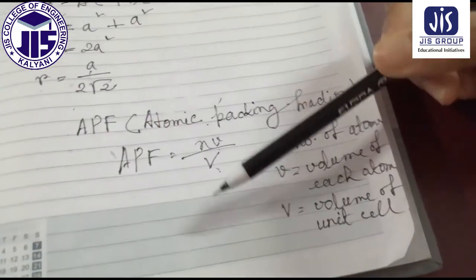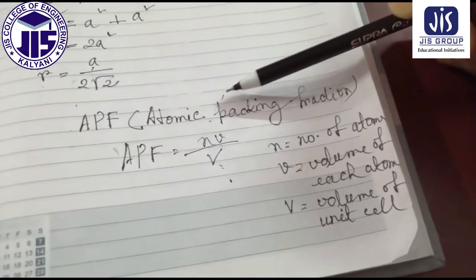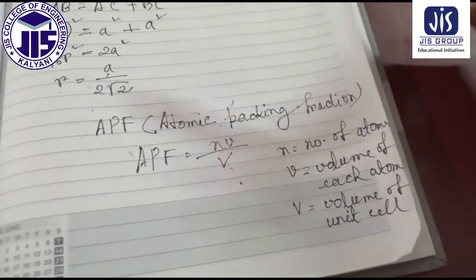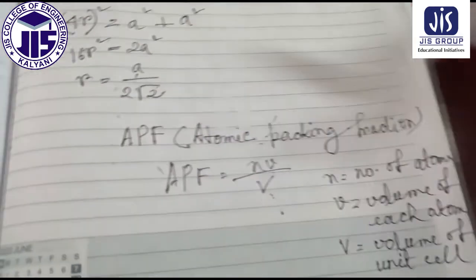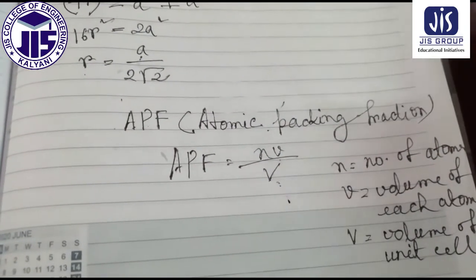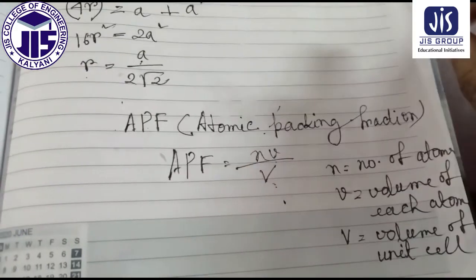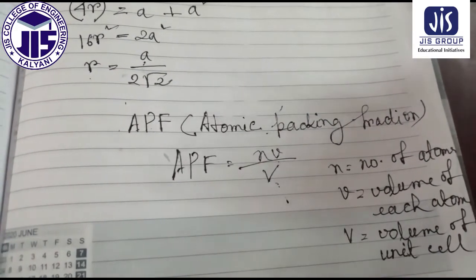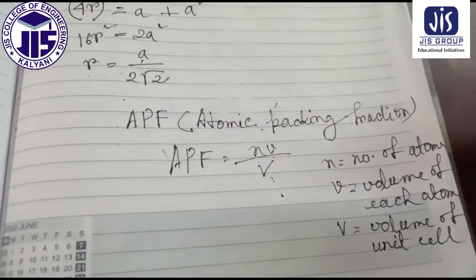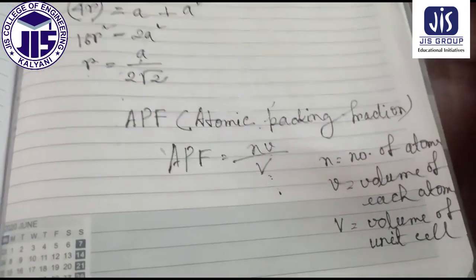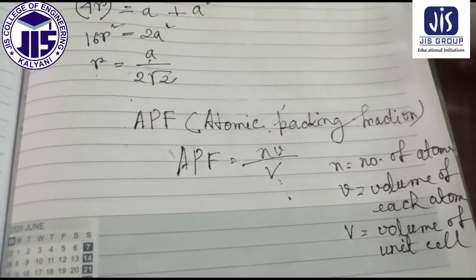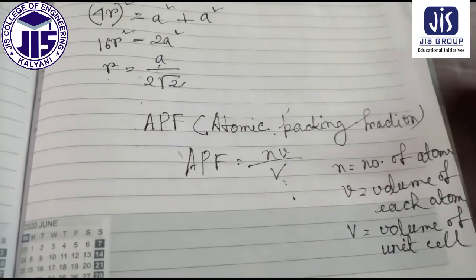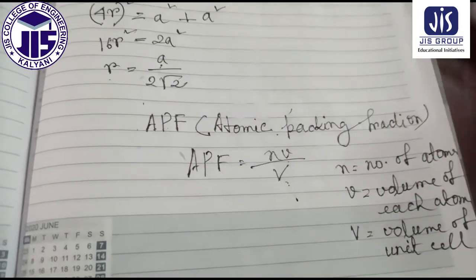Now why do we calculate it? If you do this calculation for any unit cell, suppose simple cubic, BCC or FCC, by the value we can get to know about the volume which is occupied by the atoms. That means we can know from this calculation what the empty space in that unit cell is.